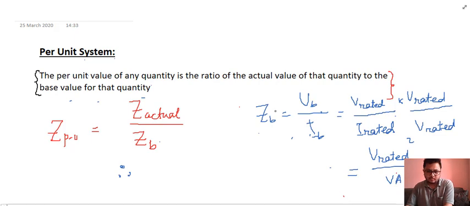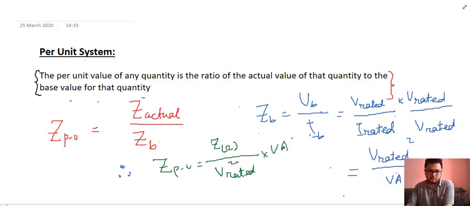So the base value is ZB equals V rated square by VA, and we know per unit equals actual by base. Actual means Z in terms of ohm, divided by this. If I divide, then V rated square goes in the denominator and VA goes in the numerator.